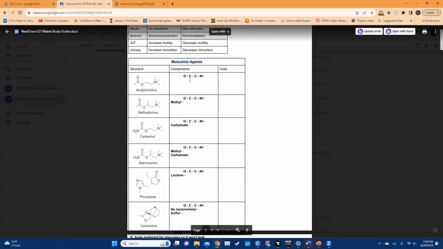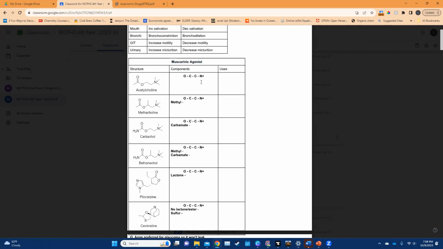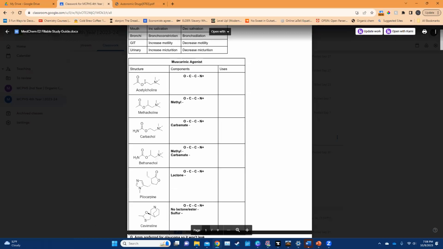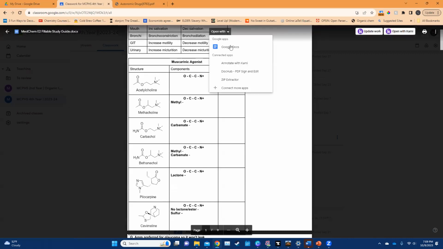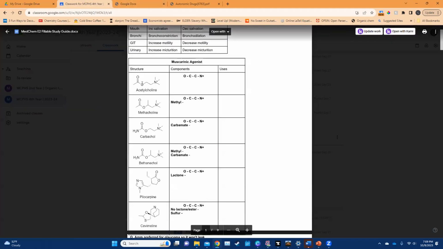All the muscarinic agonists follow this pattern of oxygen, carbon, carbon, positive nitrogen. So the quintessential muscarinic agonist is acetylcholine.